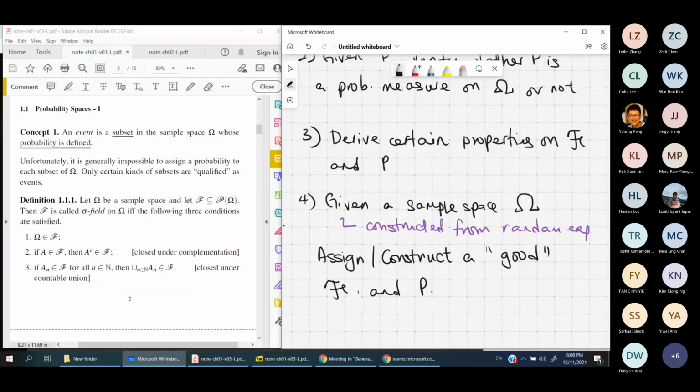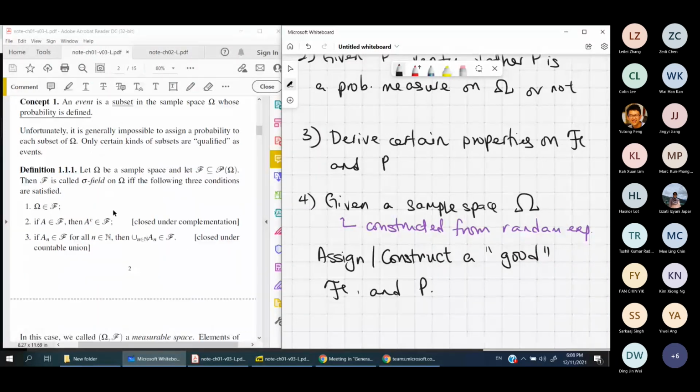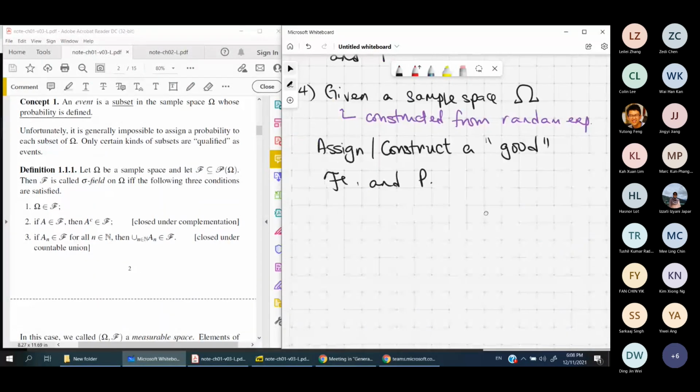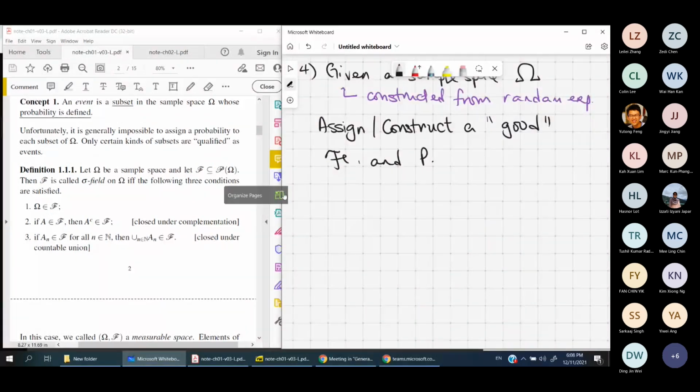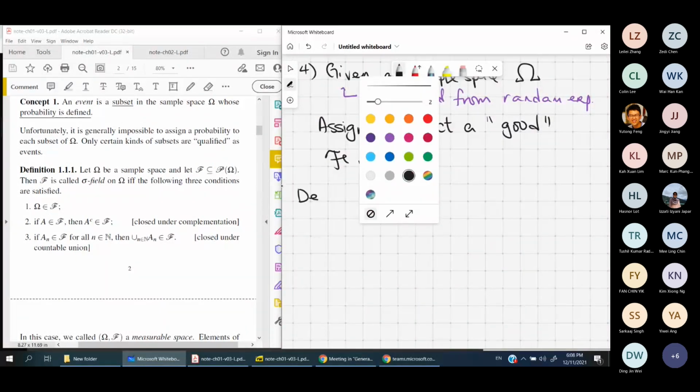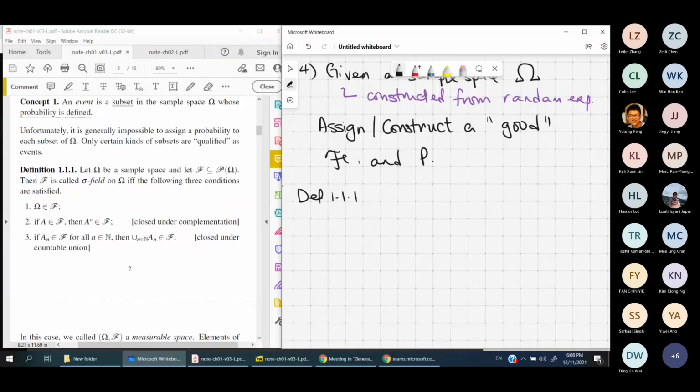So let's go through all these things one by one. First of all, this will be just a very quick revision. I think it will be better if I write it out here. First you need to look at definition 1.1.1. Supposing we have a power set of omega, let's say F is a subclass of this, which means the elements of F are subsets of omega.